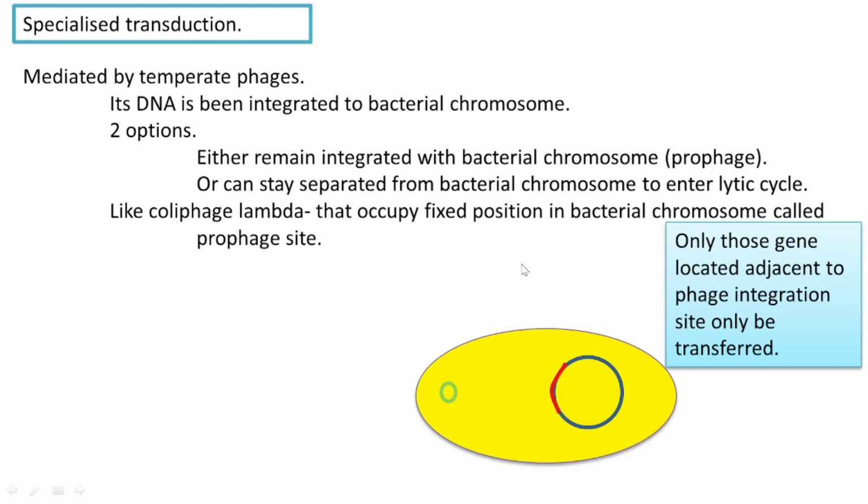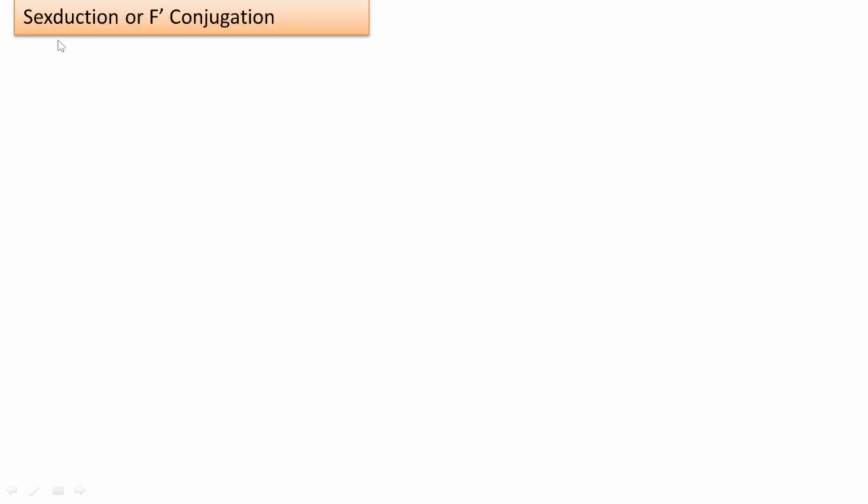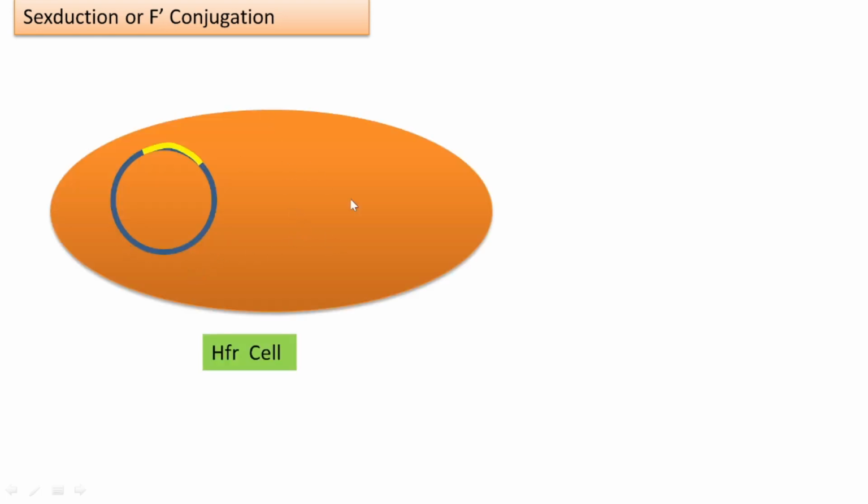Then we are moving to one more term, that is sexduction or F prime conjugation. What is F? Sorry, not F plus, F prime conjugation. This is an Hfr cell. We know what an Hfr cell is. Hfr cells are those bacterial cells in which the bacterial chromosome carries an integrated portion of the F factor. Okay, and such a cell we are considering.